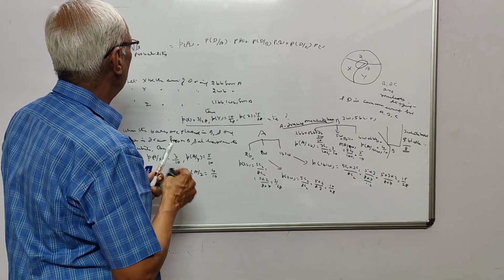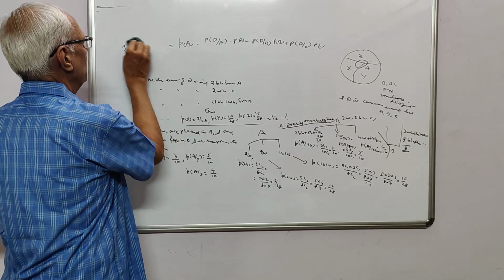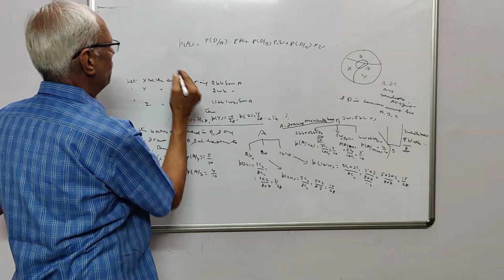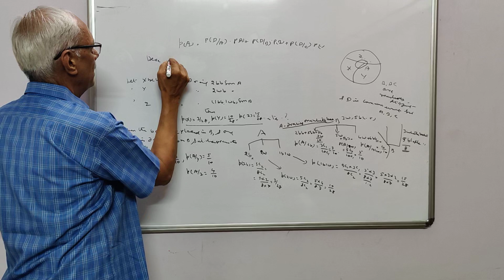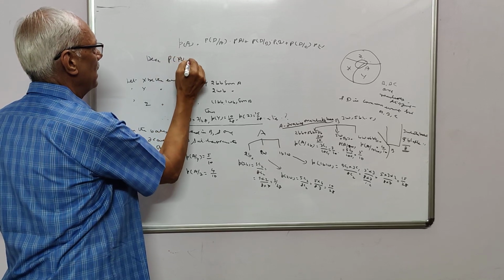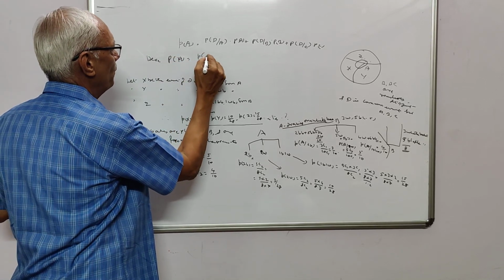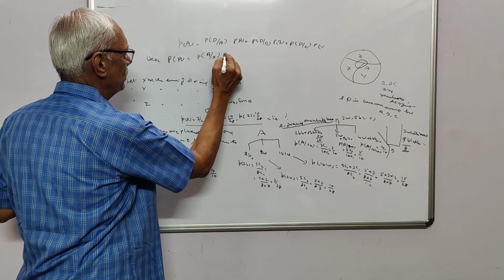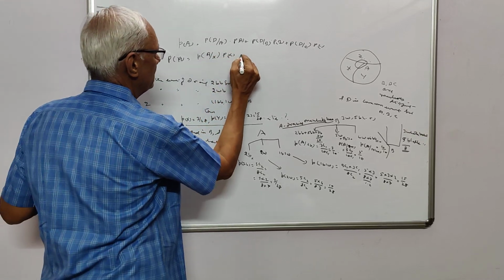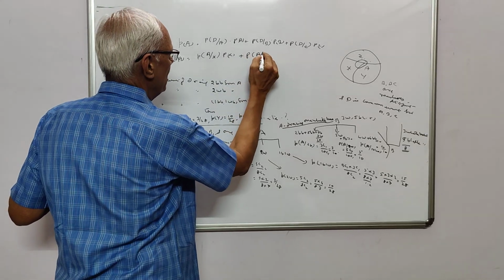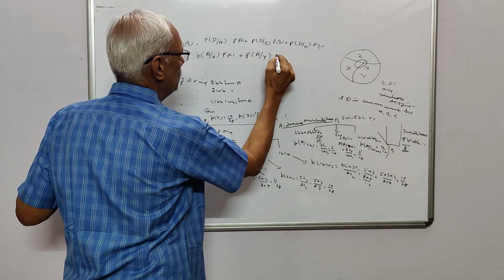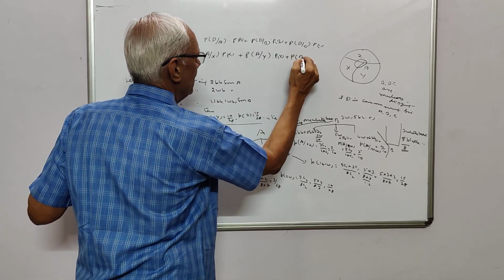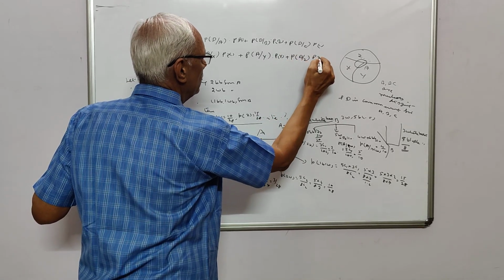So what do you get here? P of A is the total probability. Therefore P of A is equal to P of A slash x into P of x plus P of A slash y into P of y plus P of A slash z into P of z.